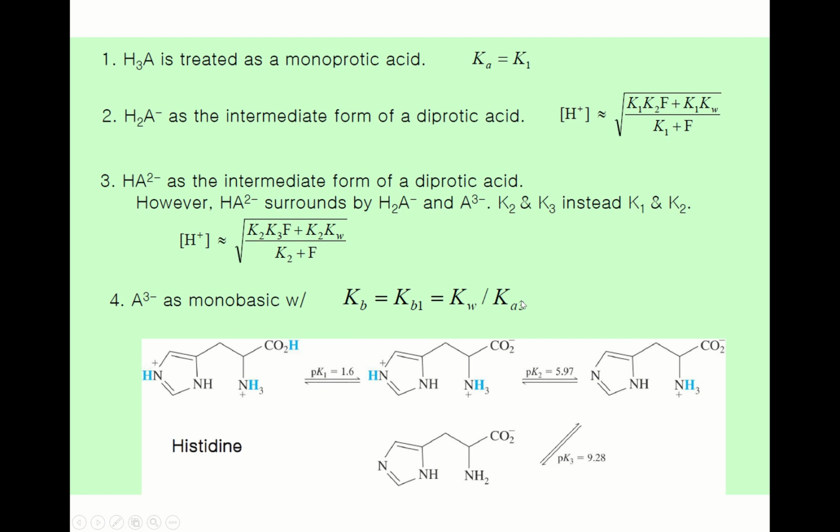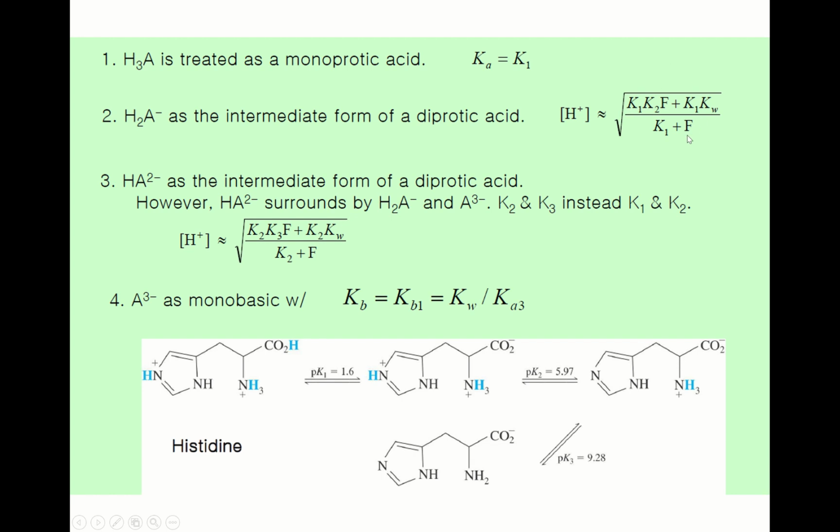That's quite simple. But the problem is when we have the intermediate species. Unfortunately, we have not one but two intermediate species, H2A minus and HA2 minus, but we have only one equation here.